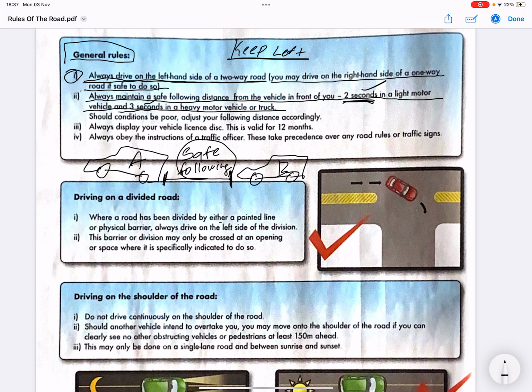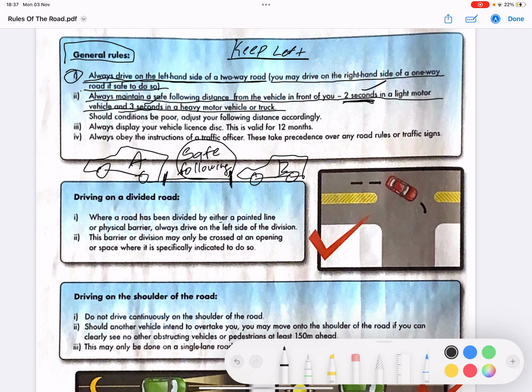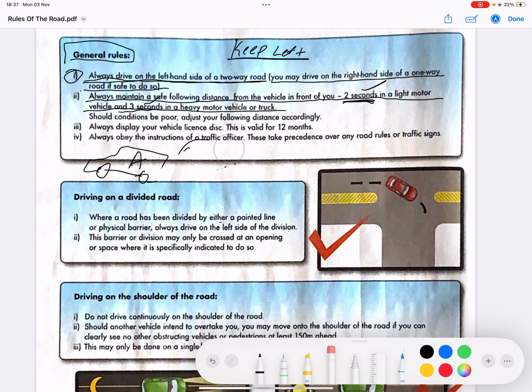The question will come like this in your test. The safe following distance is when the vehicle in front of you suddenly stops and you are able to stop without swerving. Then they put 3 options, and you are looking for the option that says you are able to stop without swerving.